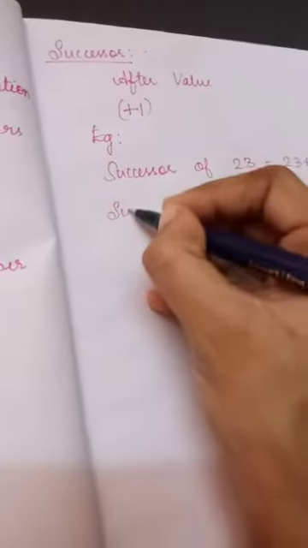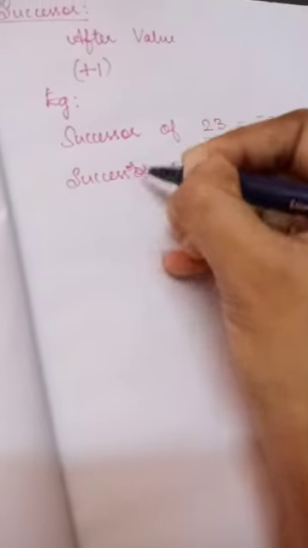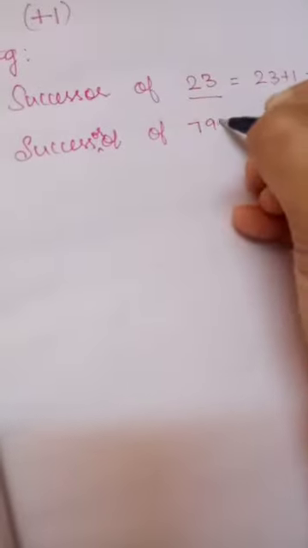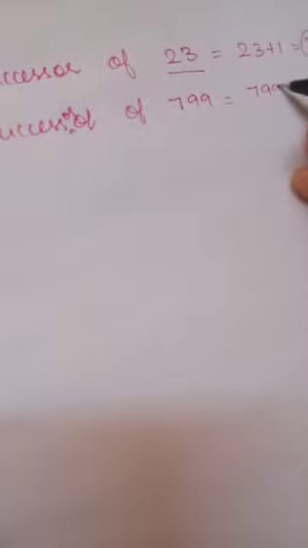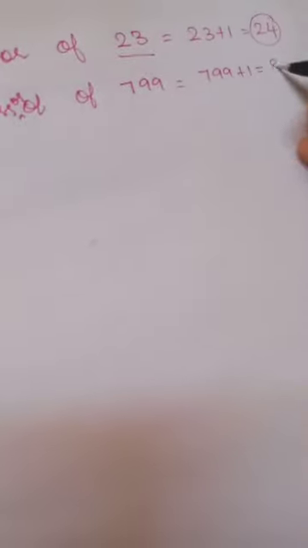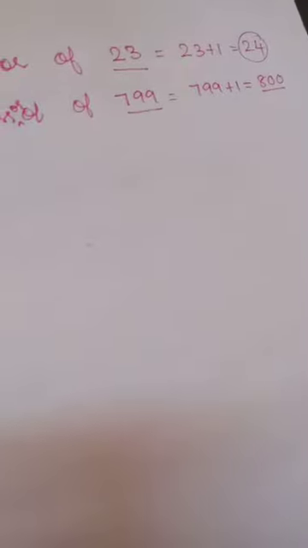When they ask you for the successor of 799, you will add 1 to that particular number, you will get 800. So 800 is the successor of 799.